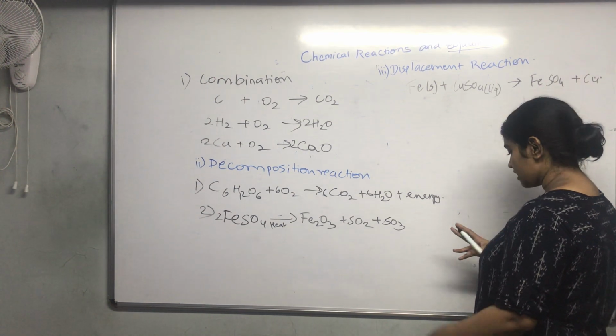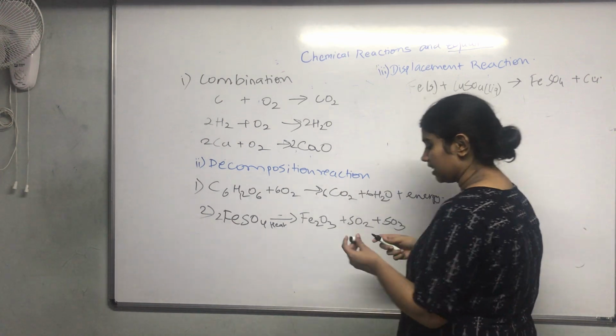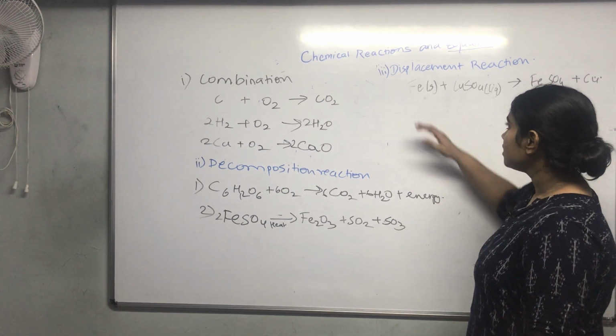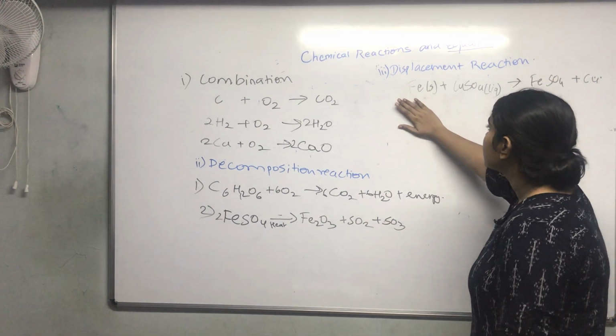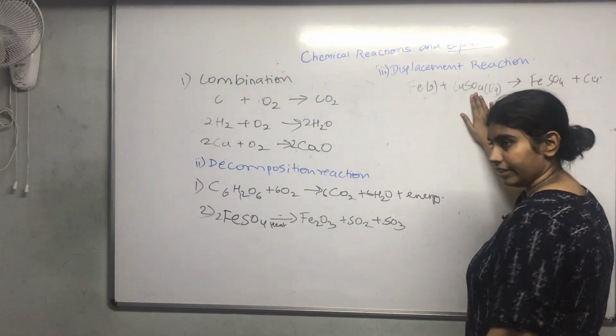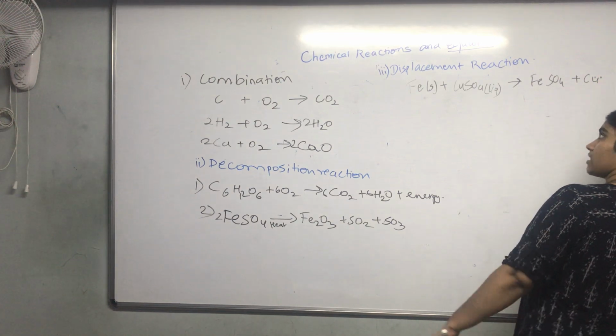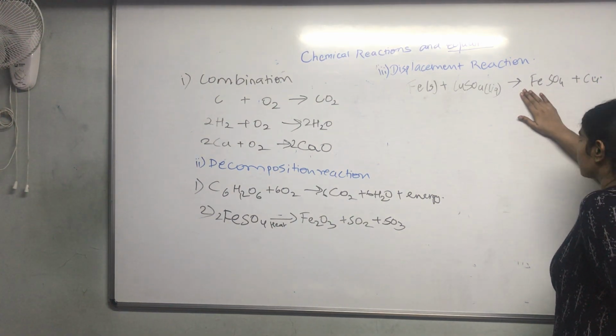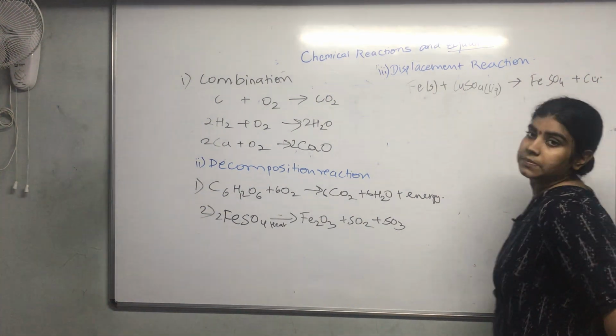So exactly as this, the cap of the pen is being interchanged. Similarly, your iron is separate. There is a solution of copper sulfate. After the displacement reaction, the solution becomes iron sulfate and copper is free.